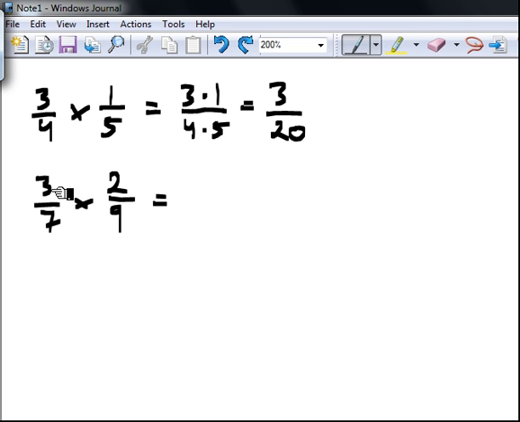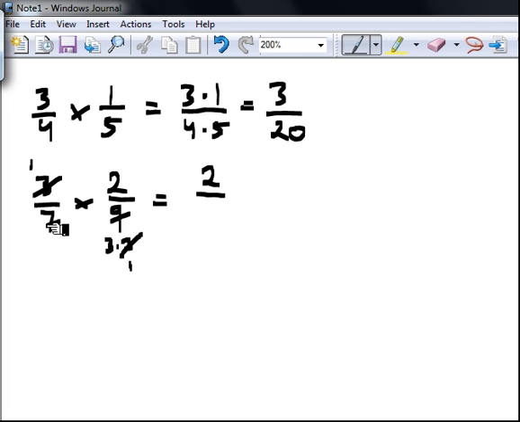So for example, we see that 3 and here 9. 9 we know is 3 times 3, right? So we can just cross out one 3 up here and one 3 down here. So it's going to be 1 and this is going to be 1. Okay, so now we have 1 times 2, which is 2.